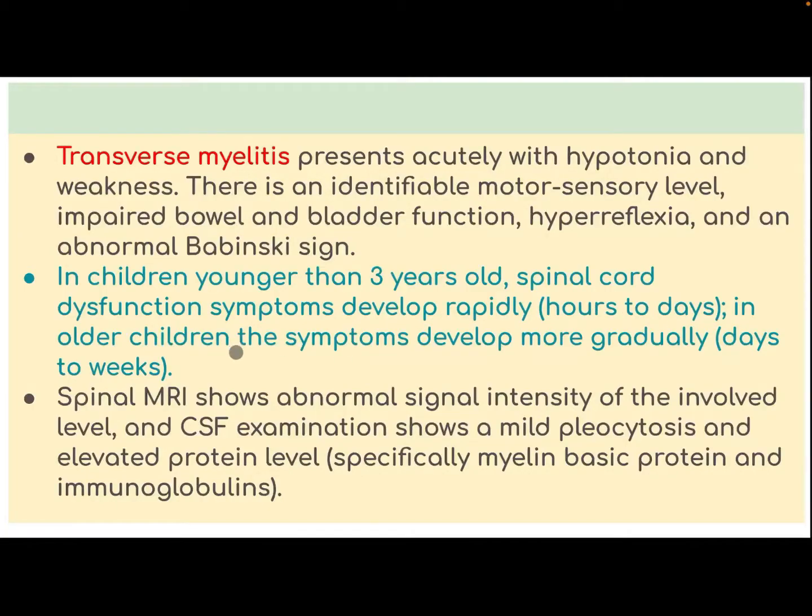In older children, the symptoms develop more gradually, over days to weeks. Spinal MRI shows abnormal signal intensity of the involved level, and CSF examination shows mild pleocytosis and elevated protein level, specifically myelin basic protein and immunoglobulins.